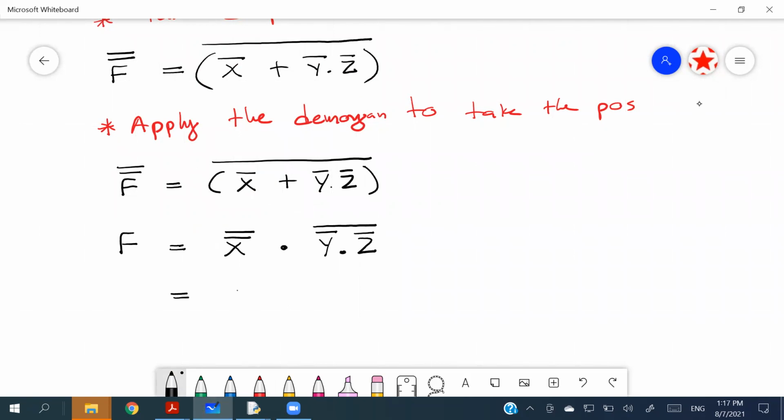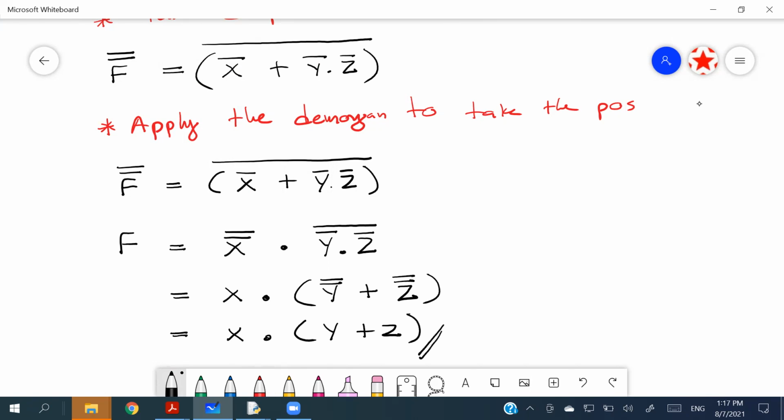And now x double bar means x, and y bar dot z bar means y double bar plus z double bar. That's how you apply the De Morgan's. So this will give you x dot y plus z. The POS, right?